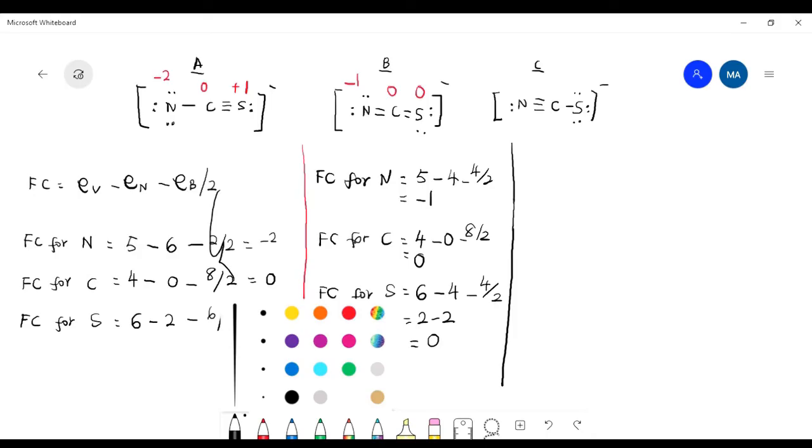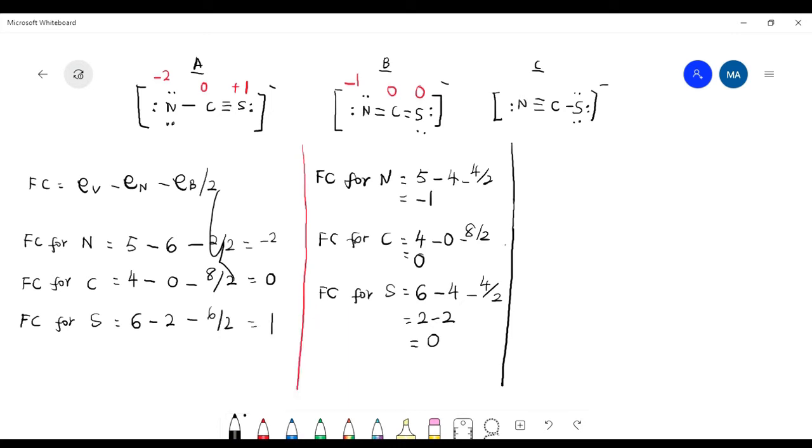Here, we also need to calculate the formal charge for every atom. So FC for nitrogen is 5 minus 2 here minus 6 divided by 2. So it is 3 minus 3 equals 0. And then FC for carbon is 4 minus 0 minus 8 divided by 2, which is 0.